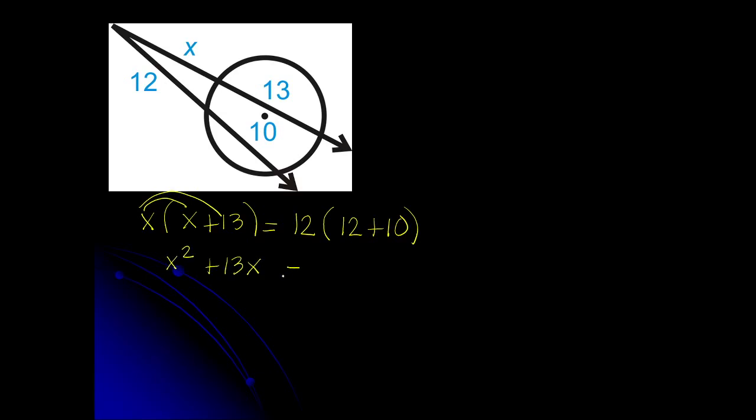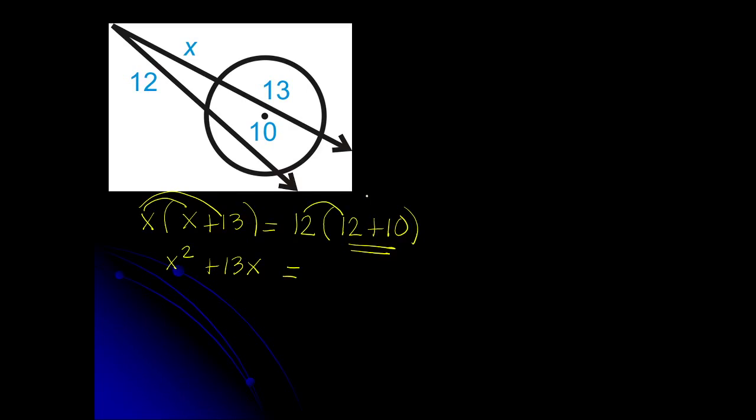X. I'll multiply this by x plus 13. The other, second shorter side, 12, I'll multiply by 12 plus 10. So, distribute this. It becomes x squared plus 13x. That's equal to, how much is this? 100, no. That's 22. Right?